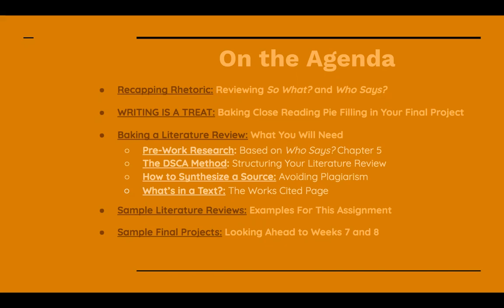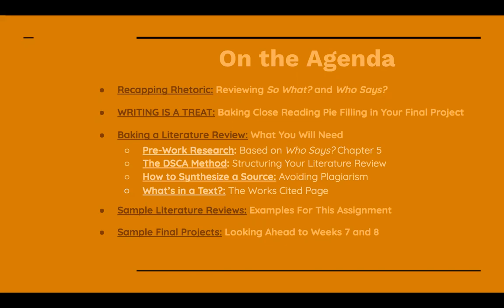From there, we'll talk about how to synthesize a source and really the ways that you can try to strategize avoiding plagiarism. One of the common issues that students face in 1110 and 2367 is accidental plagiarism by taking the words from the creator that you're citing and using them too identical to what the writer originally put. And so we're going to talk about how to avoid that when you're summarizing as opposed to quoting.